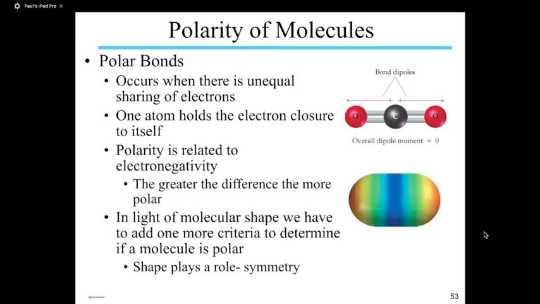Okay, polarity. This is the last concept. Ooh, you're going to have to tell me if a bond is polar. How do you determine if a bond is polar? Which trend are we looking at? Electronegativity. Okay, and electronegativity, basically, is this. If you have them very far apart in the chart, they're very polar.